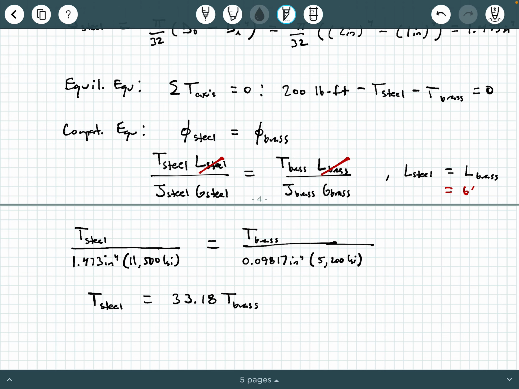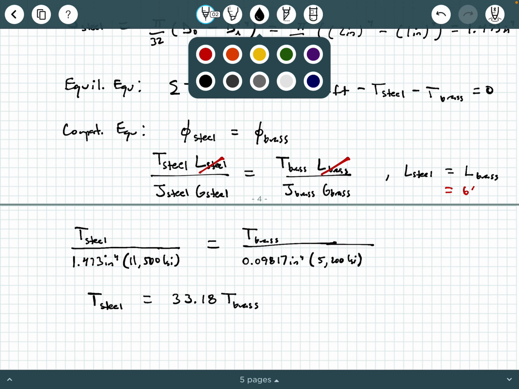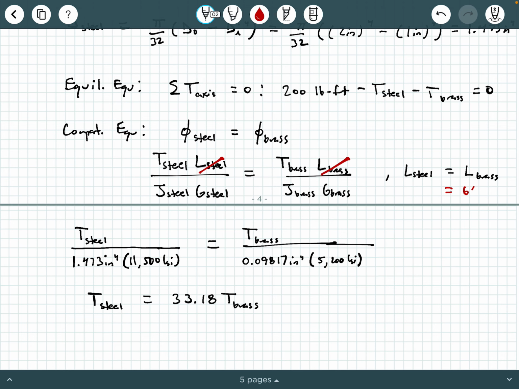Now, the question at this point is, do we need to convert anything right now? So pause the video if you want to answer that question for yourself, because I'm about to tell you the answer. The answer is no, we don't have to convert anything right now. And the reason why is if you look back at our compatibility equation, you have this J term that has inches to the fourth on both sides of this equation. So the inches to the fourth cancels.